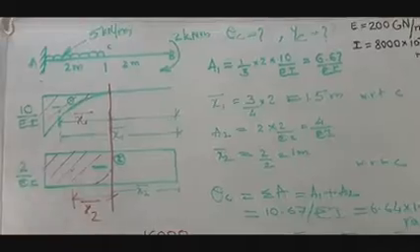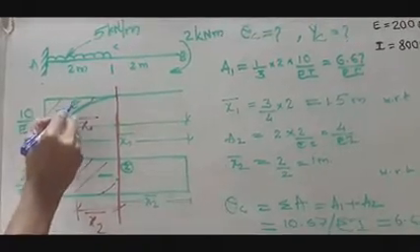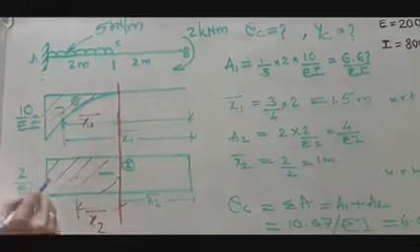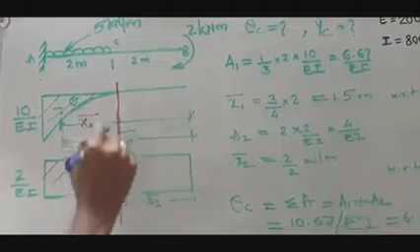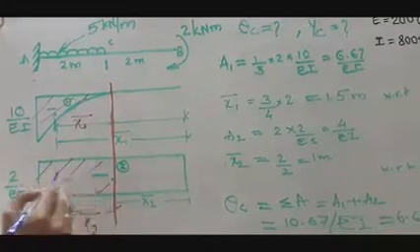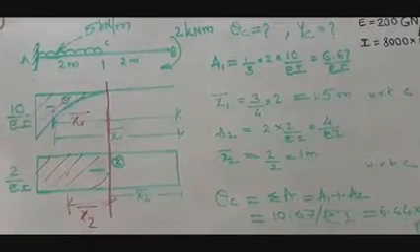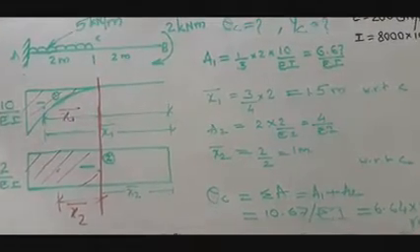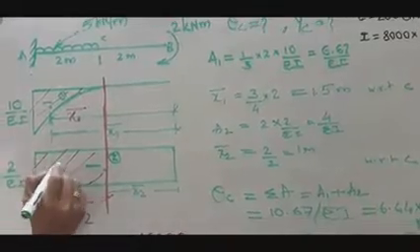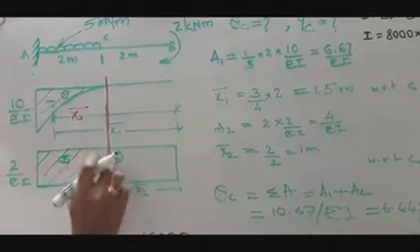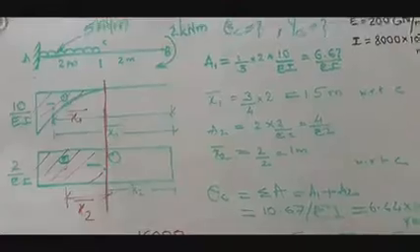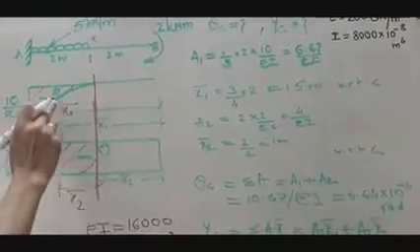This is the portion you need to consider here. Let us call this area number 1. Though it is for the full length, now you have to consider only between A and C. This is what I have hatched. This is number 1, and this area we will take as 2. Now this is the previous case. What is A1 here?